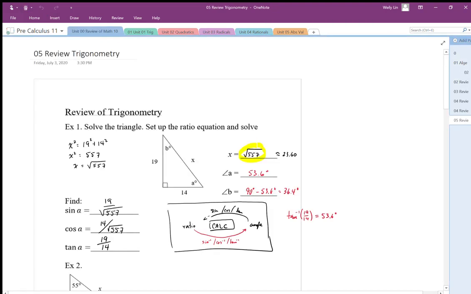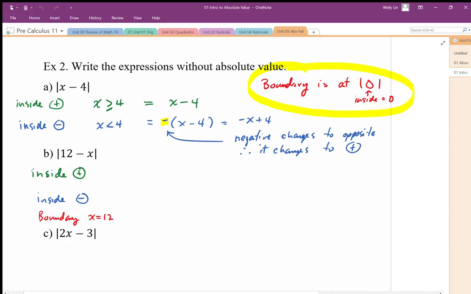So where the inside is positive, x is less than or equal to 12, because if it's bigger than 12, it's going to give me a negative inside. The opposite is true here. When is the inside going to be negative? If x is bigger than 12, for example 13, 12 minus 13 gives us our negative.